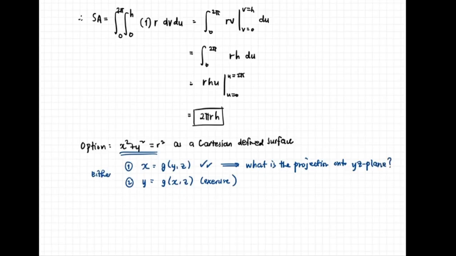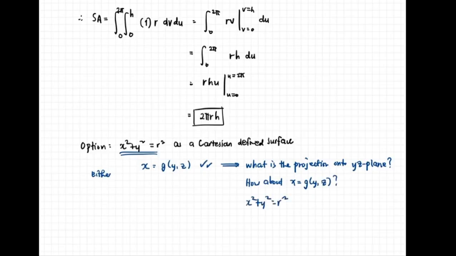But notice, if we want here to write x in terms of y and z, this in fact poses a problem, because once we attempt to write x equal to g of y, z, then x squared plus y squared equal to r squared would imply here that x is either a positive or a negative square root of r squared minus y squared, but we only need one in fact.